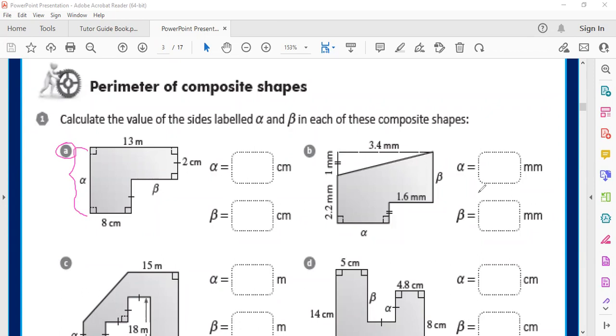Put in chat. First, find what is alpha. Come on. Gloria, darling, where did you get 10 from? You got to study this picture carefully. You look, this is 2. And then you have this symbol here, which means this is also 2. So what is this alpha's length?